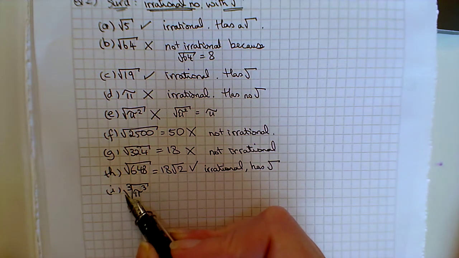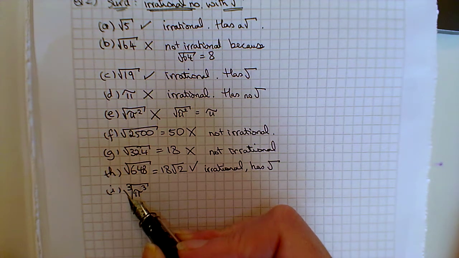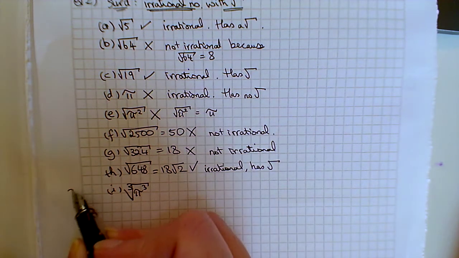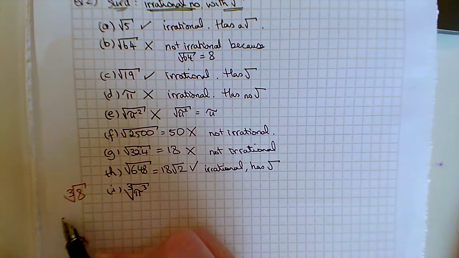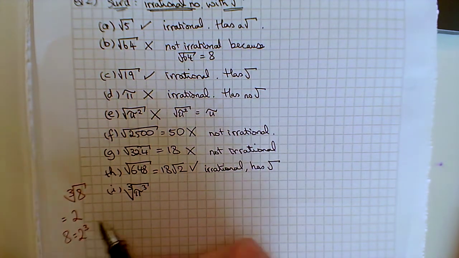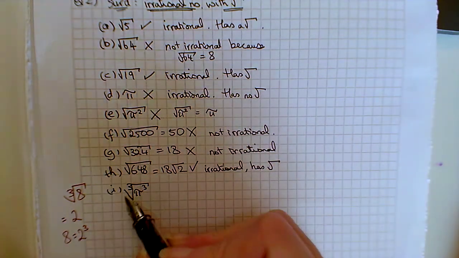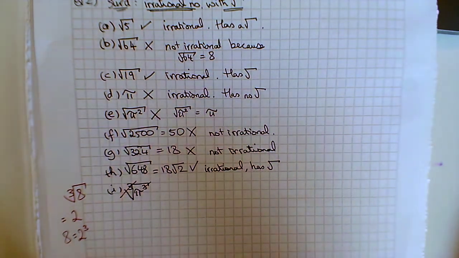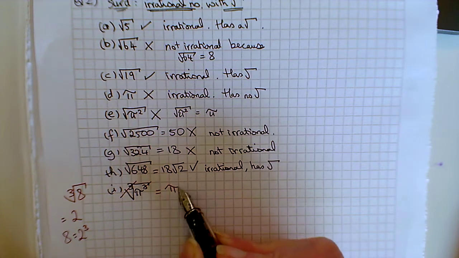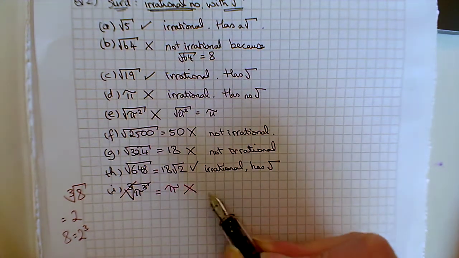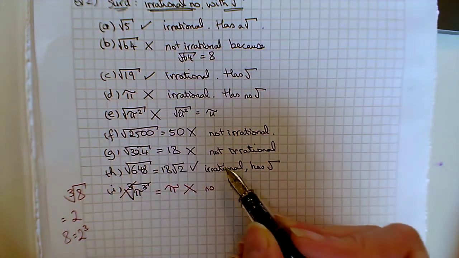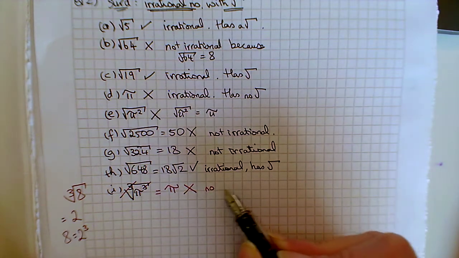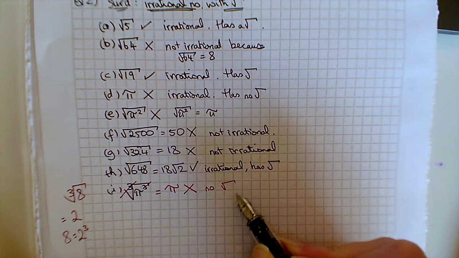So cube root means, for example, the cube root of 8 is equal to 2 because 8 is 2 cubed, so it's undoing a power of 3. So a cube root and a cube will cancel, and that's just going to give me pi. So that also is not a surd because pi is not a surd. There's no square root sign when I simplify it.